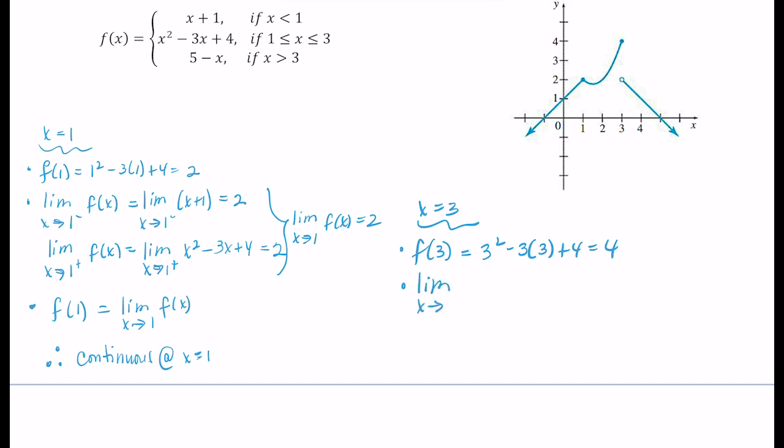And then I'm going to plug in the limit as x approaches 3 from the left of f of x. Okay, and if I'm approaching 3 from the left, I'm going to be using this function, x squared minus 3x plus 4.